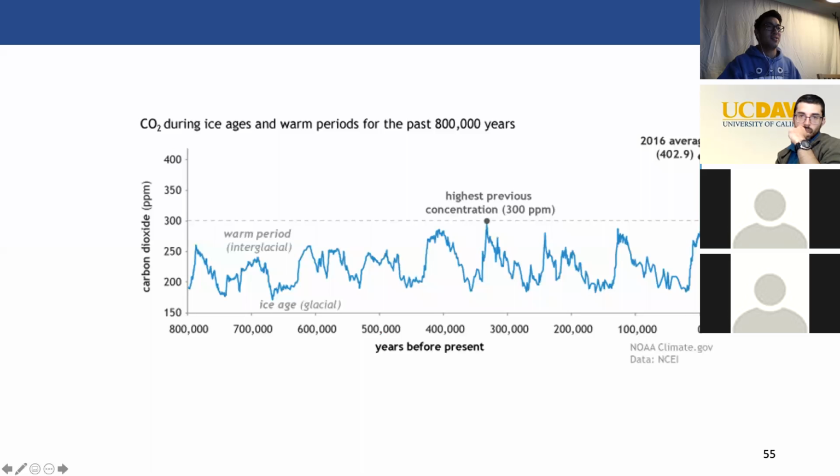And this whole increase is over about a 100-year time period, and we're talking about a scale of hundreds of thousands of years. So that increase is really sort of unprecedented in nature. And we're able to measure the anthropogenic, or human-induced, carbon emissions that are attributing to this increase.